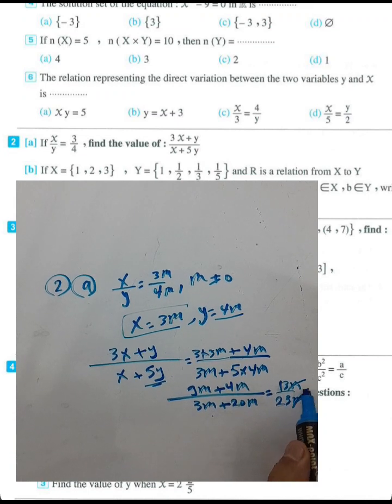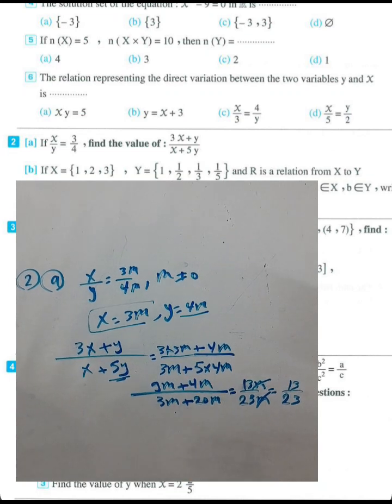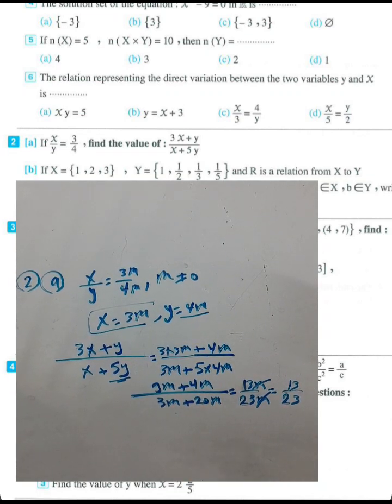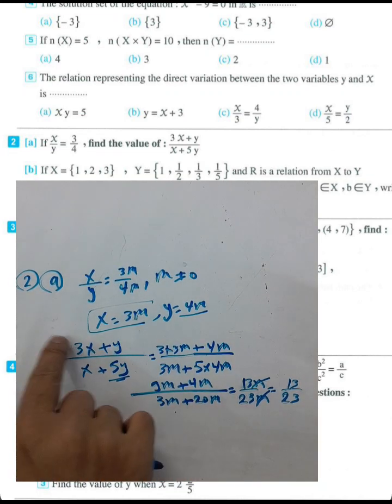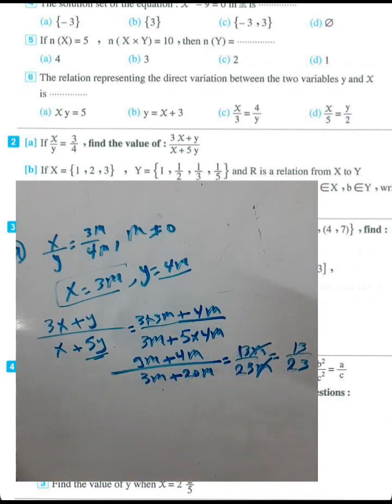Cancel m by m. The result will be 13 over 23, the simplest form of numerator and denominator.